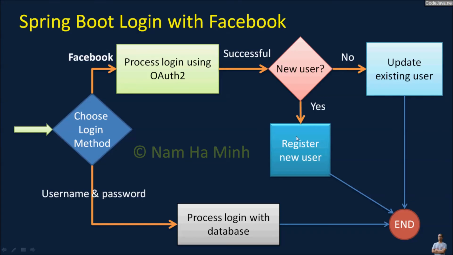And now I will show you an example of how to write code to register a user upon successful OAuth2 authentication, if the user is new and was not registered in the database.